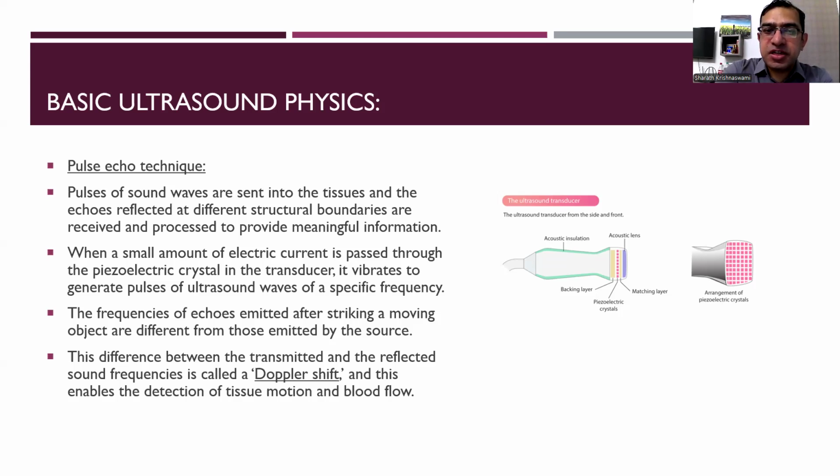This vibrates to generate pulses of ultrasound waves of a specific frequency. The frequency of echoes emitted after striking a moving object is different from those emitted from the source. So the difference between the transmitted and the reflected sound frequencies is known as a Doppler shift. And this helps us in detection of tissue motion and blood flow.